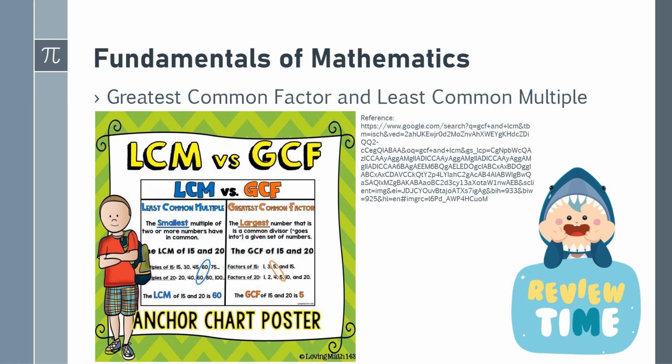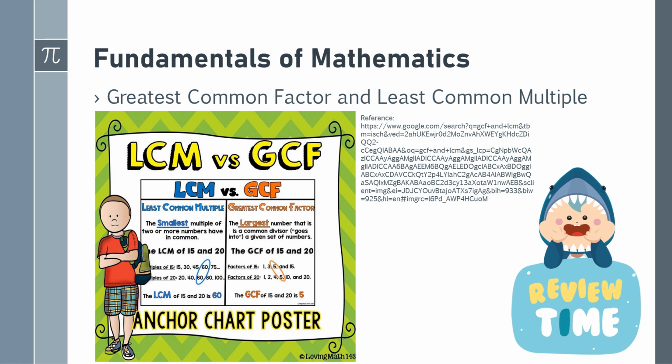Now, when we talk about GCF and LCM, this refers to greatest common factor and least common multiple. So, in LCM, the smallest multiple of two or more numbers have in common. That's how we identify the LCM. Say, for example, we have 15 and 20. So, what are the multiples of 15 and 20? And what do you think is the smallest multiple that can be found in those multiples?